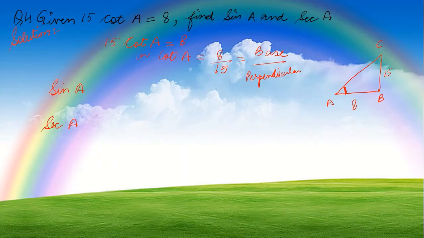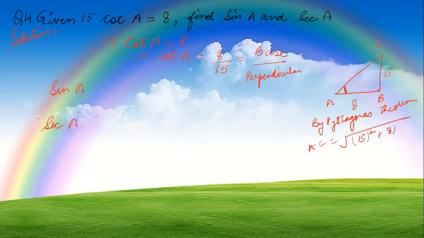So by Pythagoras theorem, AC is under root 15 square plus 8 square. So it is 225 plus 64, 289, that is 17. So this side is 17.